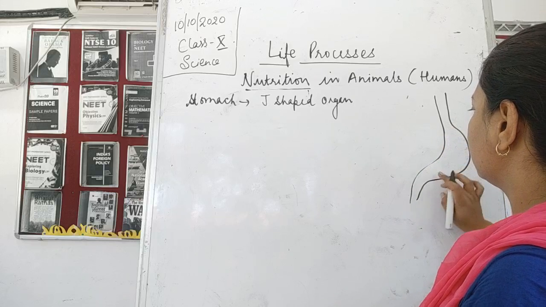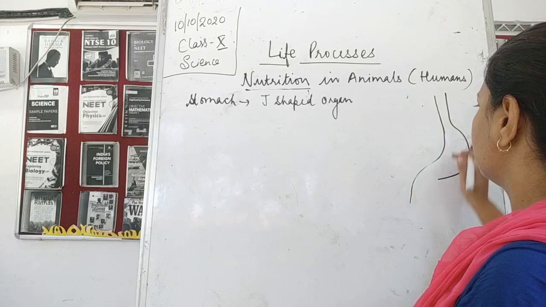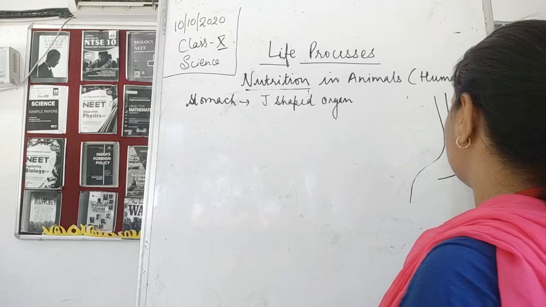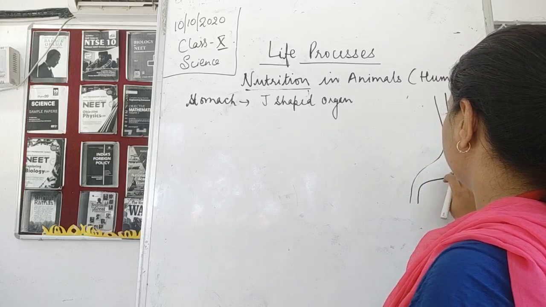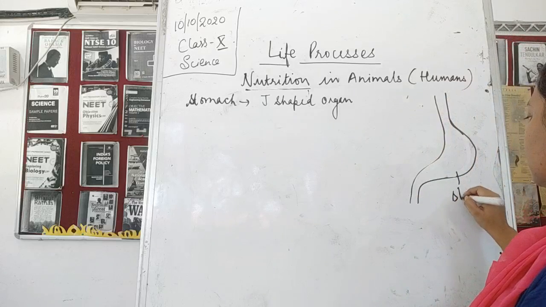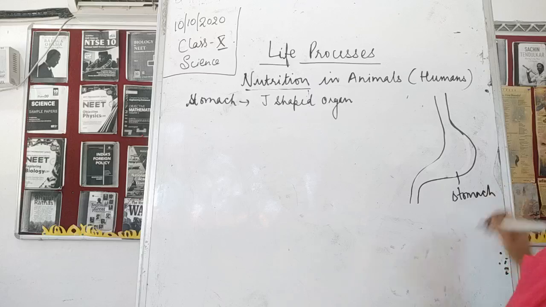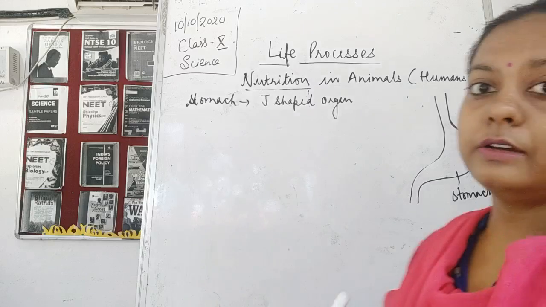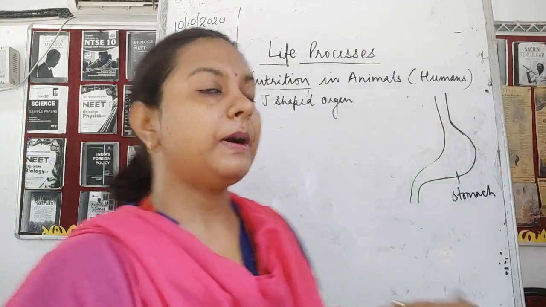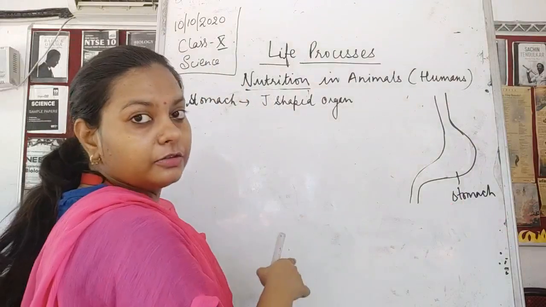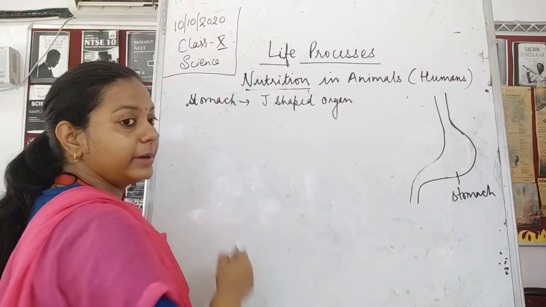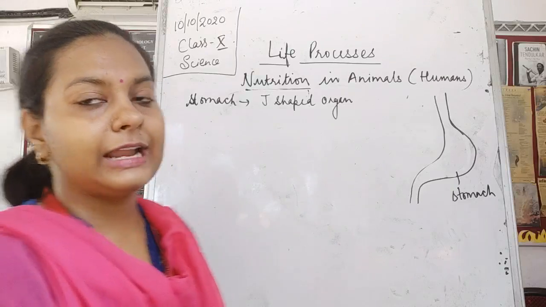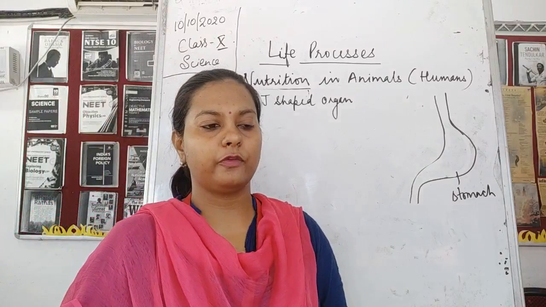Fine, if I draw like this, it is a J-shaped organ. This is our stomach. Actually, the stomach also has various parts. Okay, it is also divided into various parts. It is a J-shaped organ which is present at the left side of the abdomen. Abdomen means the lower half of your body.